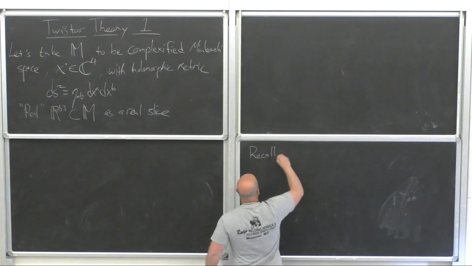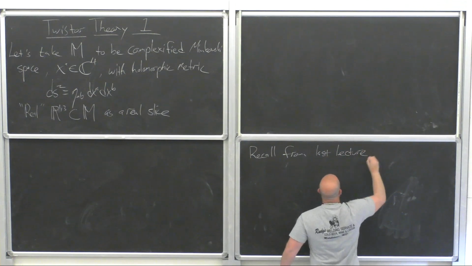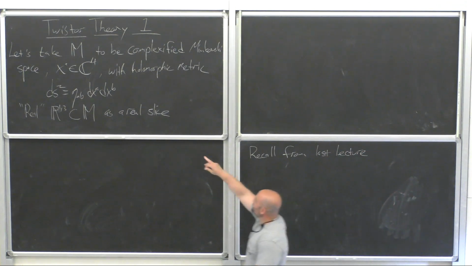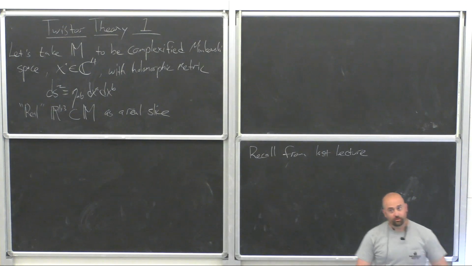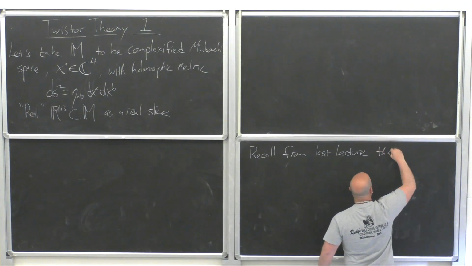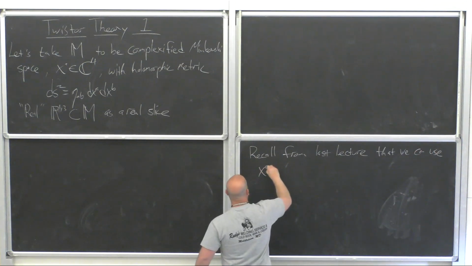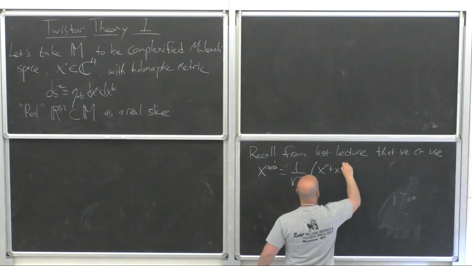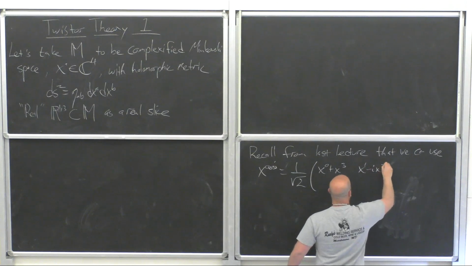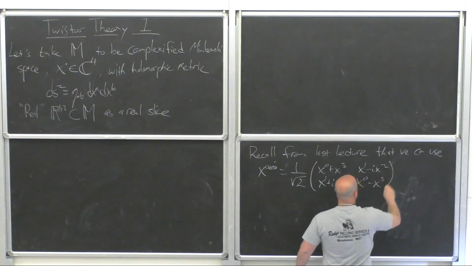Recall from last lecture that we can replace these four vectorial coordinates on complexified Minkowski space with two-spinor coordinates. So this is x^{αα'} = 1/√2 times the matrix (x0 + x3, x1 − i x2; x1 + i x2, x0 − x3).